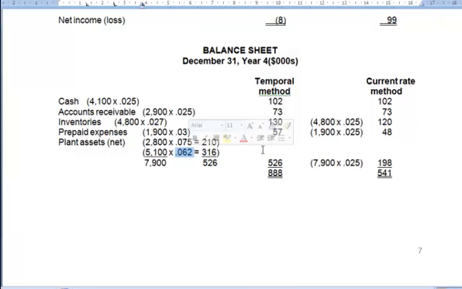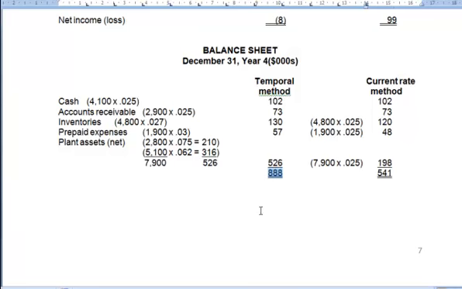The first plant asset, which had a book value of 2.8 million Indian rupees, was purchased at the beginning of year 2 when the historical rate was 0.075, and the asset that was purchased or developed in June year 3 had a historical rate of 0.062, so we apply that to the net book value we calculated earlier, and we get 316,000 for a total of 526,000. So our total assets are adding up to 888,000 Canadian.